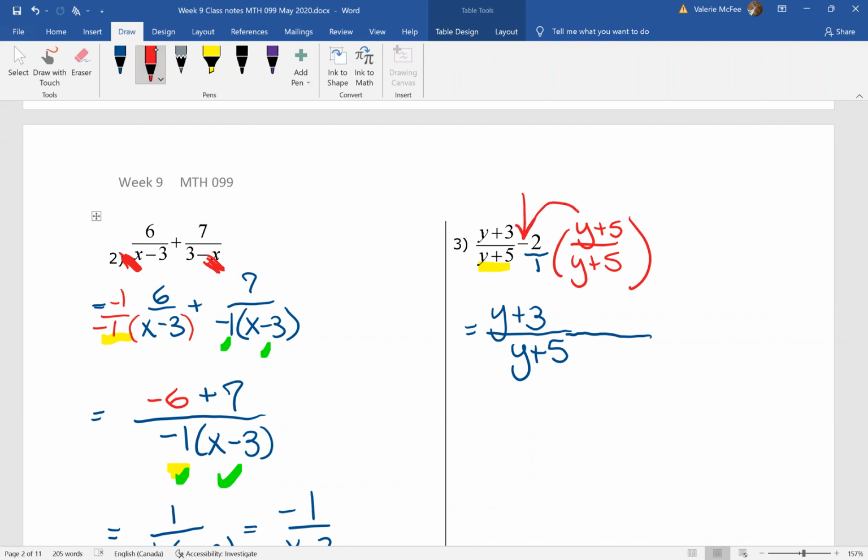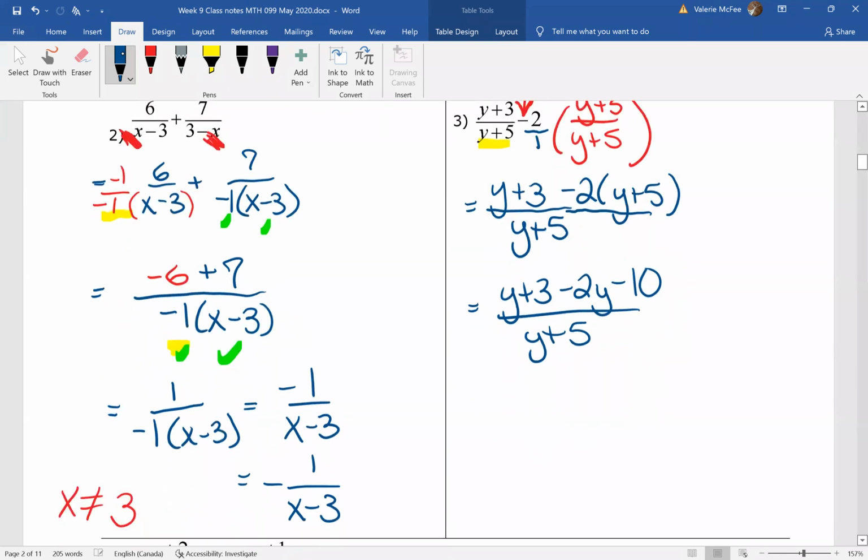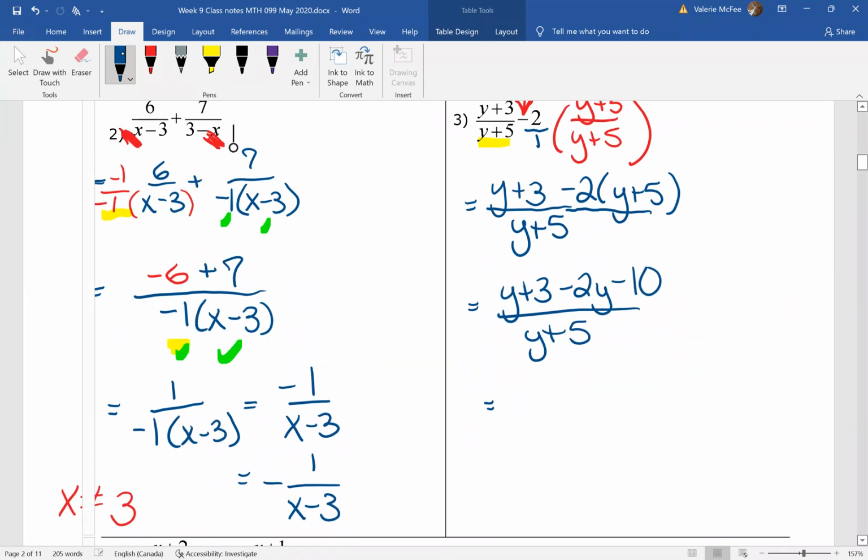So when we distribute, we have -2 times y plus 5. So we can simplify this, -y minus 7 all over y plus 5.